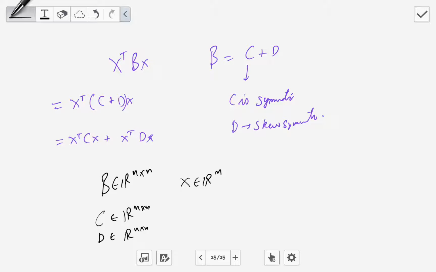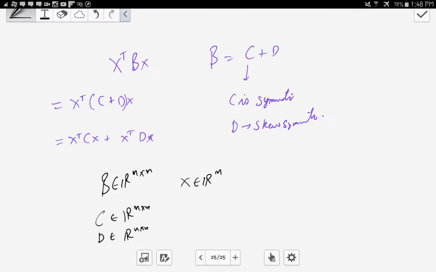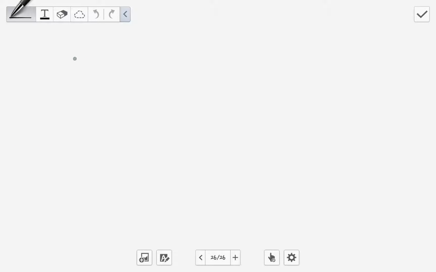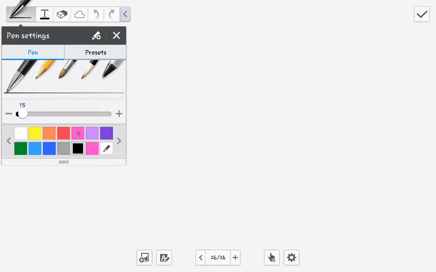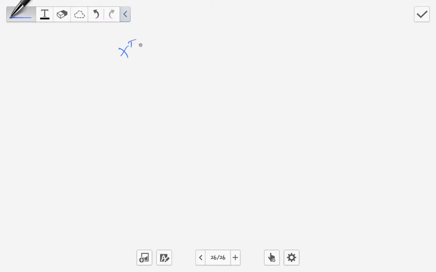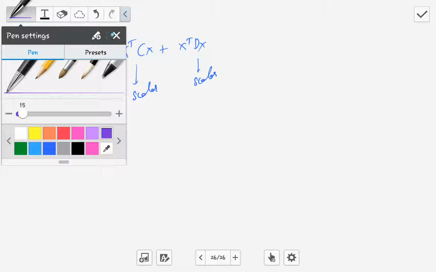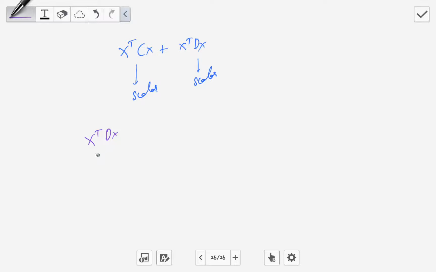Now each of these is a scalar, right? Let us take x transpose Dx. D is skew symmetric.